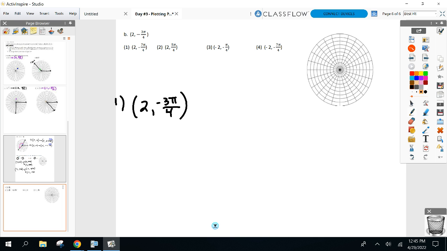I'm going to do the same thing I've been showing you guys, and that is keep the R value. Now we're going to do what? Negative 3 pi over 4 plus, can't do 360, 2 pi. And then we're going to do minus 2 pi.